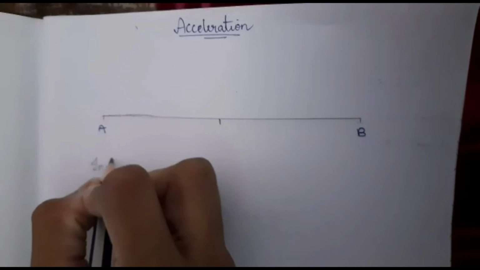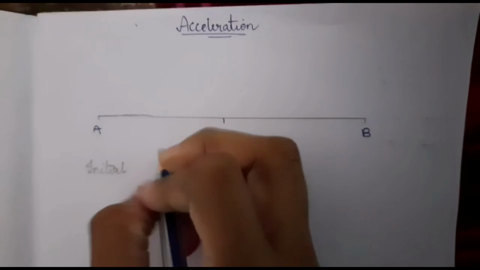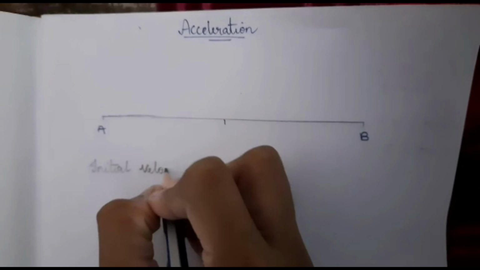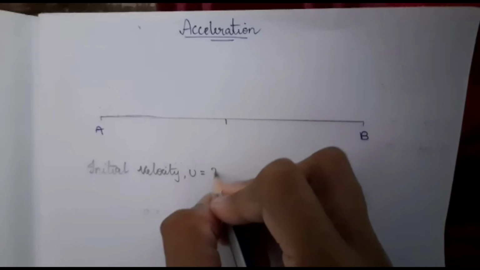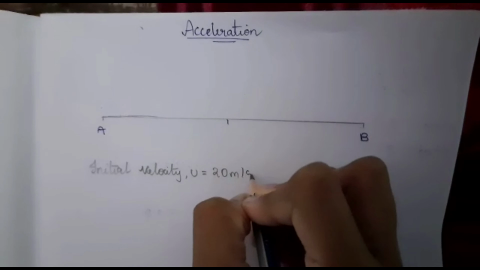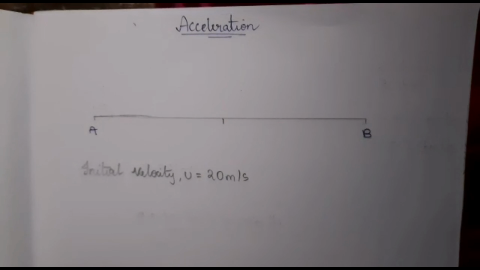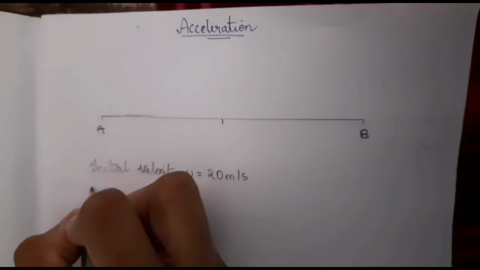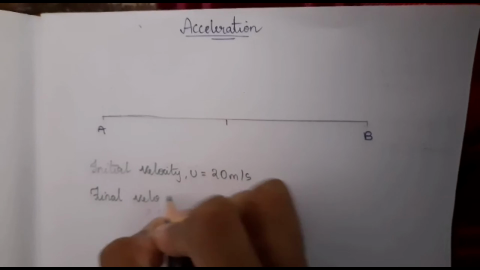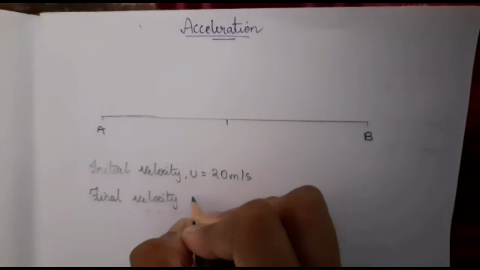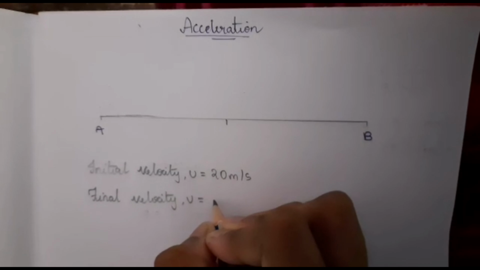Suppose you are traveling from point A to point B. From point A, where you started your journey, you are traveling at a velocity of 20 meter per second. And while reaching point B, your final velocity is 30 meter per second.